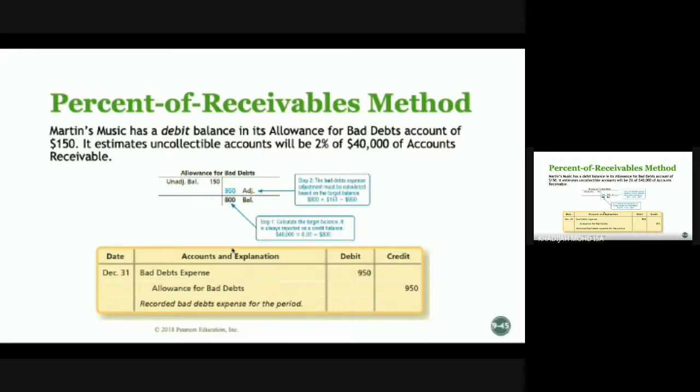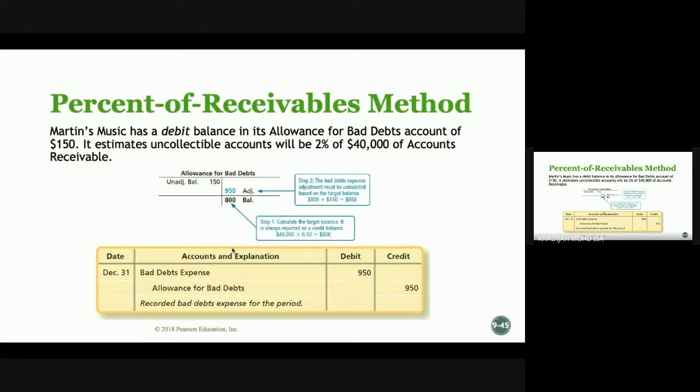Okay, let's look at another example. Martin Music has a debit balance in allowance for bad debts. Uncollectible will be 2% of 40,000. So 40,000 times 0.02 is 800. So 800 is the closing figure. You already have a 150 debit balance at the beginning.